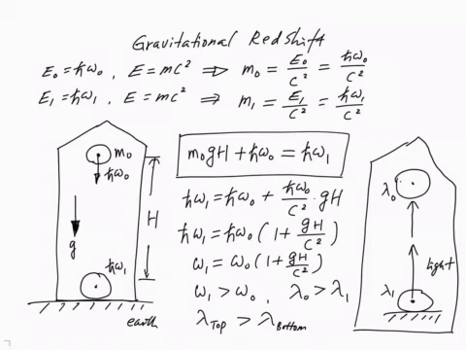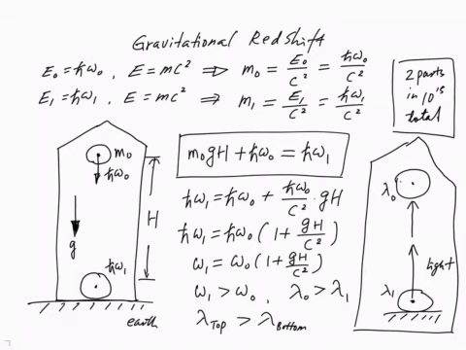Although the wavelength difference is very small, in fact only 2 parts in 10 to the 15 total, that's how small it is, even such a small difference in the wavelengths we can still detect by the so-called Mossbauer effect.